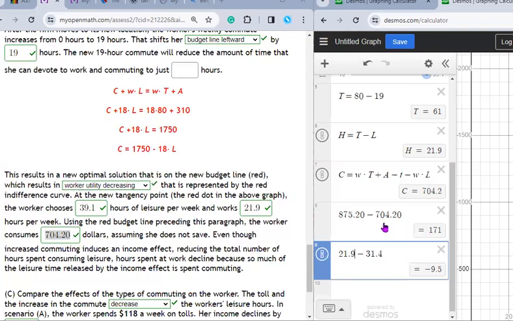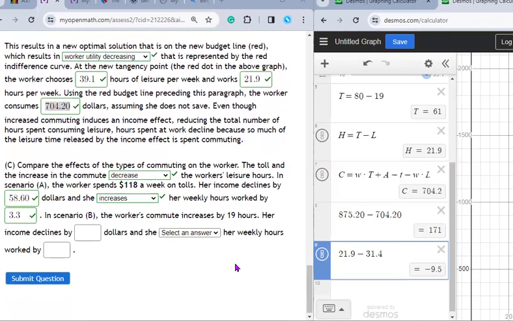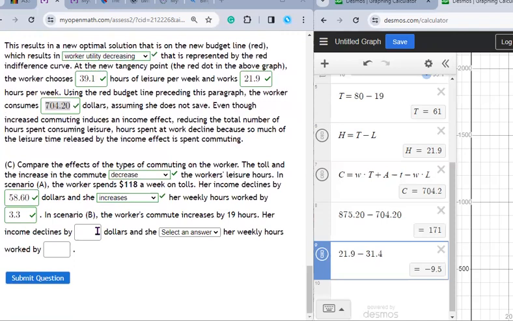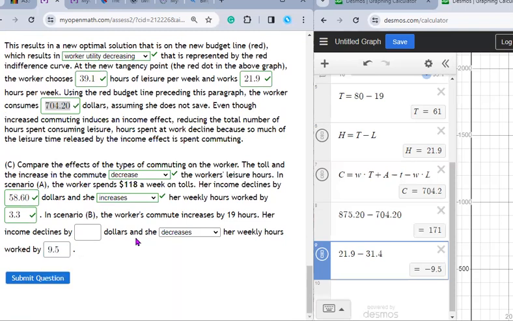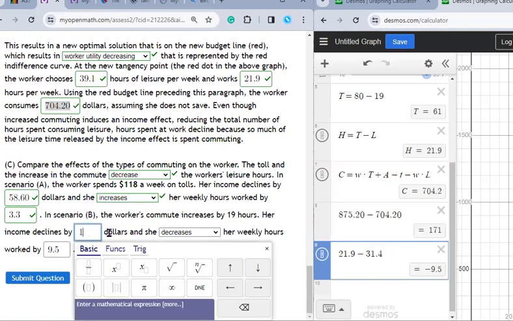So a non-monetary factor like commute time all of a sudden jumping 19 hours results in her hours worked decreasing. She decreases her work effort by 9.5 hours. And her income declines by 171. So the commute has a real negative impact on her.